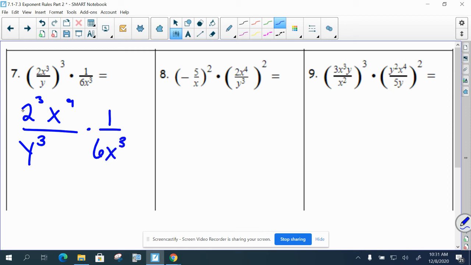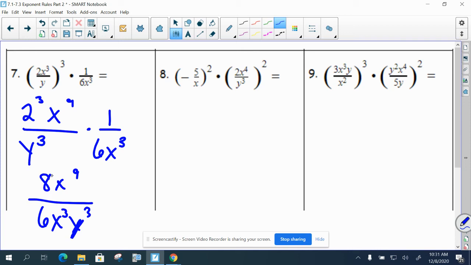All right, so I'm just going to multiply all these together, across. So 2 to the 3rd is 8, x to the 9th, over, and then here, y to the 3rd times 6x to the 3rd. I'm going to write the 6x to the 3rd first, and then y to the 3rd.